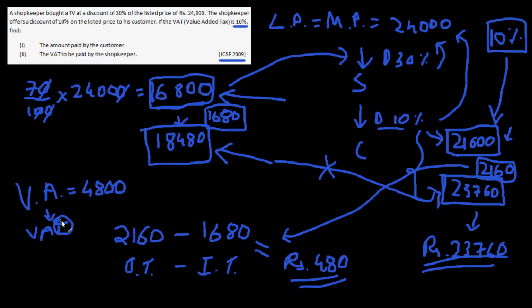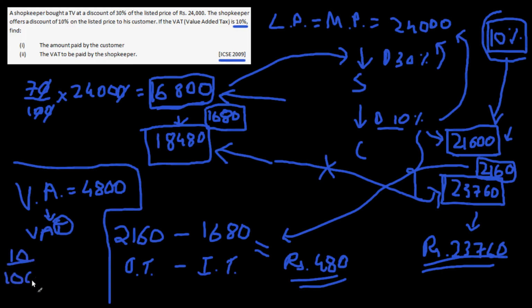And the rate of tax, you look over here, is 10%. So we can also say from this method that the VAT that he has to pay is 10% of 4800, and you'll see that it comes out to be rupees 480. There could be other ways of doing it, but I'm going to do just these two over here. You can see both are the same.